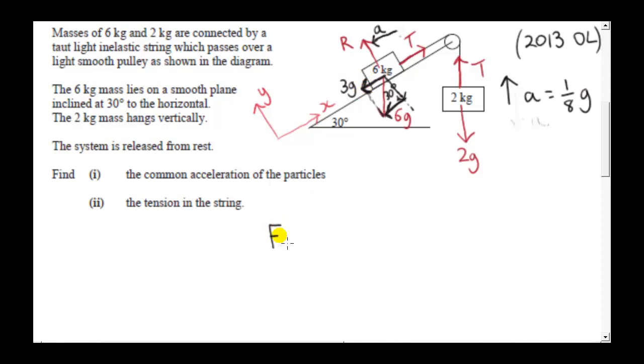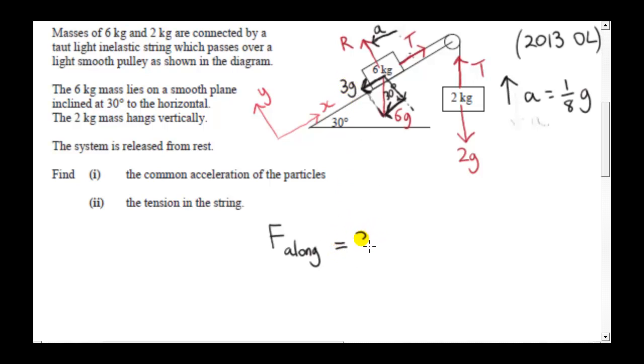So if we take the resultant force along the string, we have 3g this way, but we have only 2g down this way. Of course, the internal forces are the two t's, and they cancel out. Also, we have an external force on the string that's perpendicular to the string. That's the force due to the pulley. That has no component along the string, so we forget about those forces. We're only looking at the resultant force along the string.